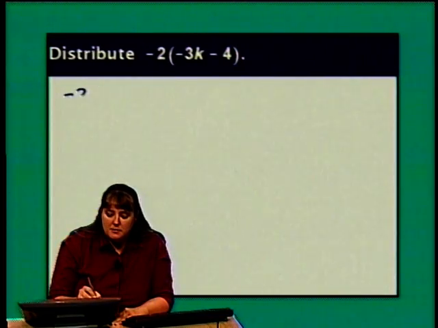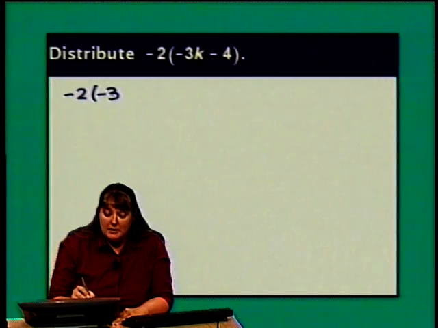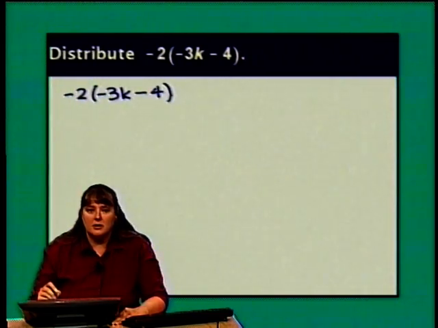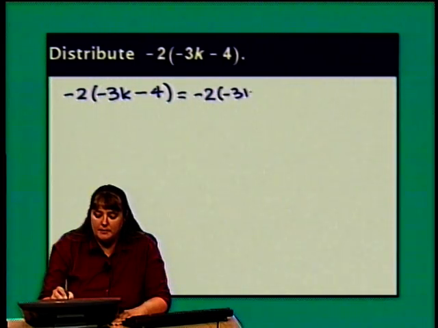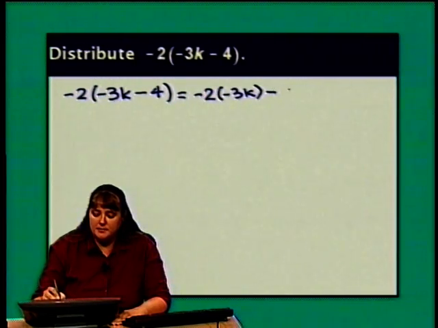What about negative 2 times the quantity negative 3k minus 4? I need to distribute the negative 2 through the parentheses. So I have negative 2 times negative 3k minus negative 2 times 4.